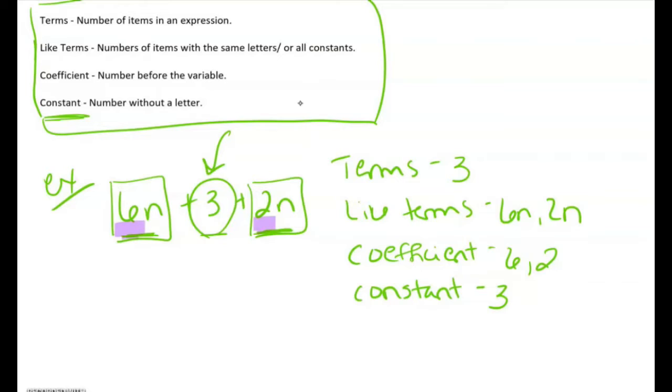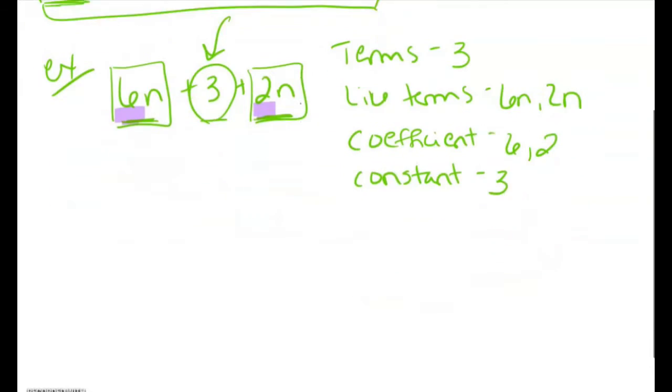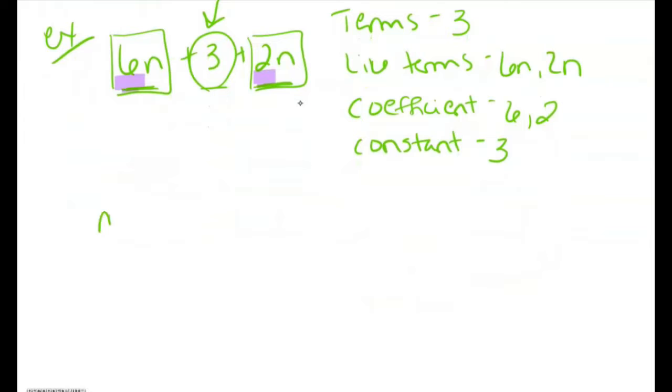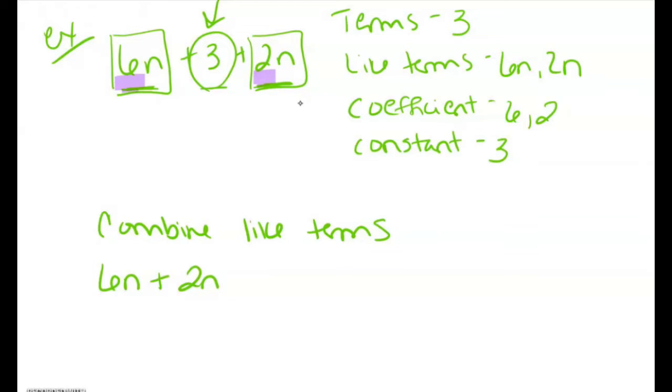Okay, so we've identified the terms, the like terms, coefficients, and the constants. All right, now in order to simplify this expression, we are going to combine like terms. Now remember, my like terms were 6n and 2n, and I was adding those together.